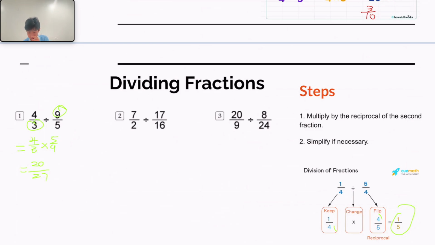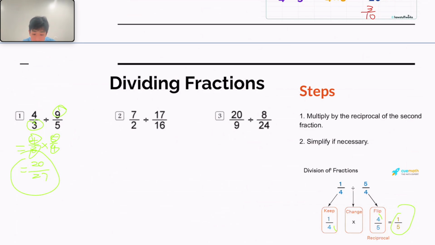So a quick tip here: I know I cannot simplify this because when multiplying, if you cannot simplify any numerator with any denominator, you know that the result will be in the simplest form.